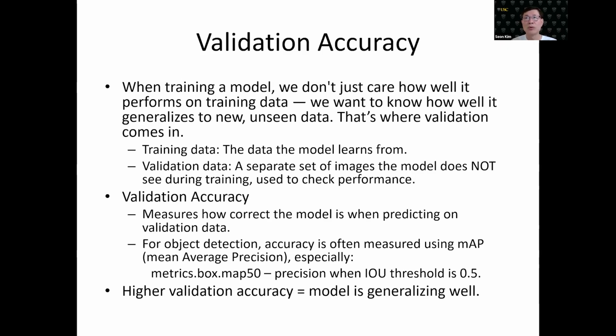Validation data is important because the model didn't see the data in the validation data set during the training. Once the model is trained using training data and still works with a new data set, the validation data set, and produces good accuracy, we can say it's generalized and it's a good model.